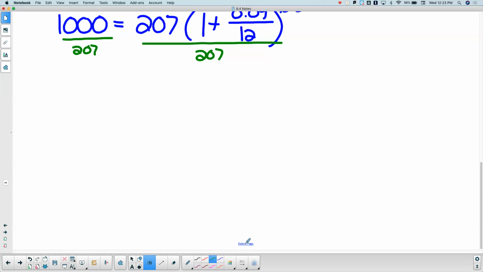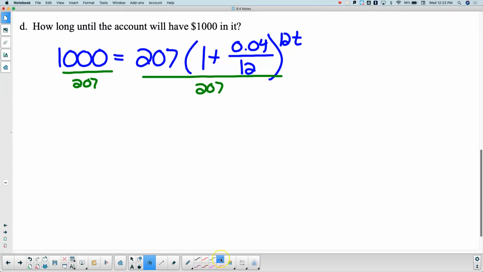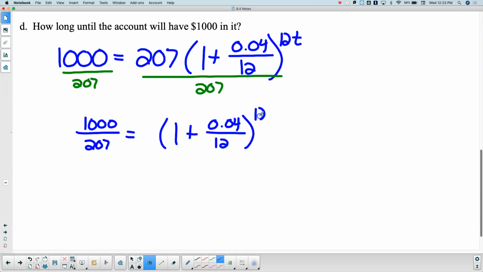If I divide both sides by 207, I get 1,000 divided by 207 equals (1 plus 0.04 divided by 12) to the 12t power.